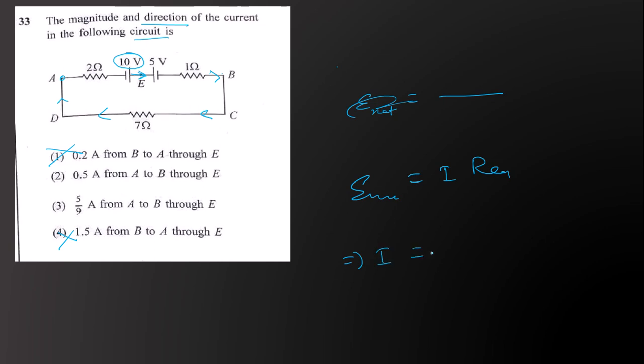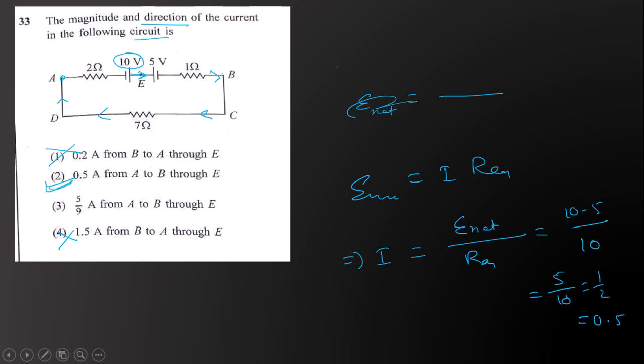So current will be equal to net EMF divided by the equivalent resistance. This will be equal to 10 minus 5 divided by the equivalent resistance. All are in series, so this will be equal to 10. So 5 by 10 will be equal to half, equal to 0.5. So option 2 is the correct one. Let's move on.